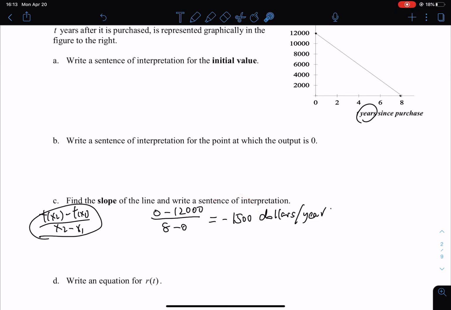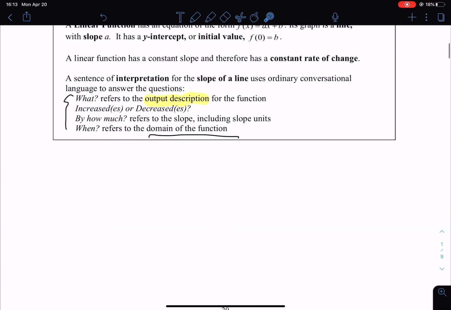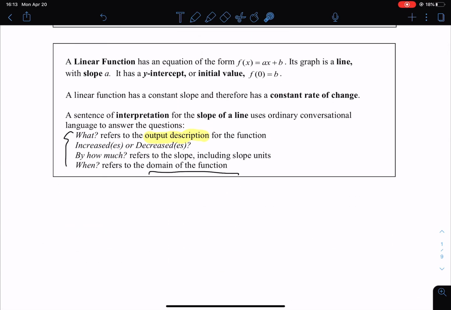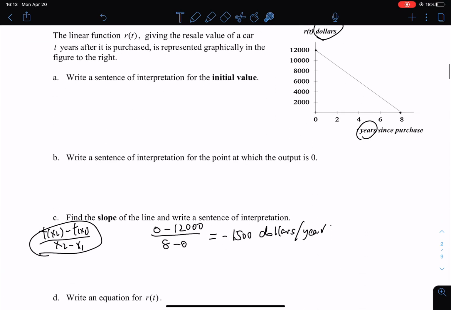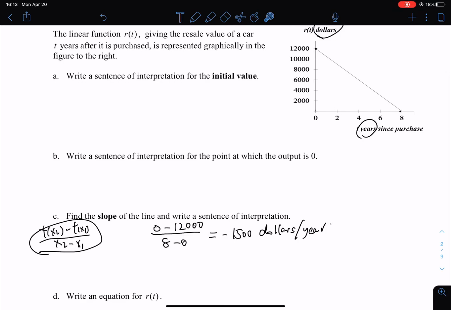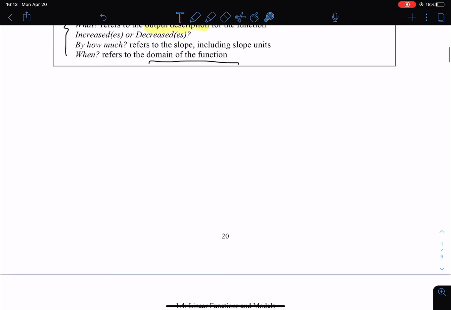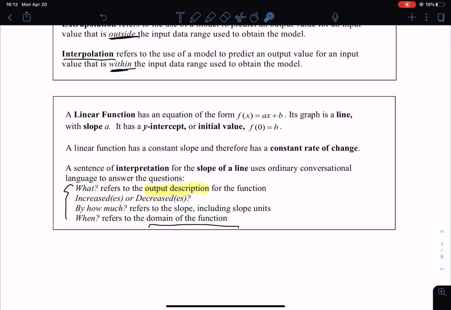By this one, and you have to include the unit. So decreased by $1,500 per year, over an 8-year period since it was purchased.